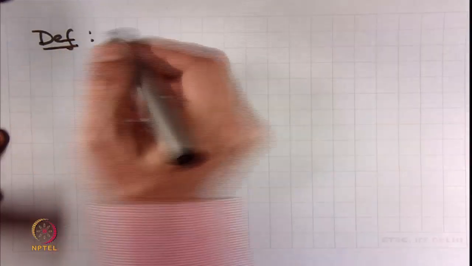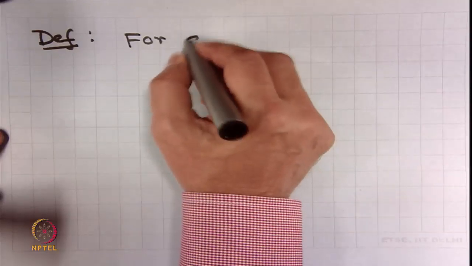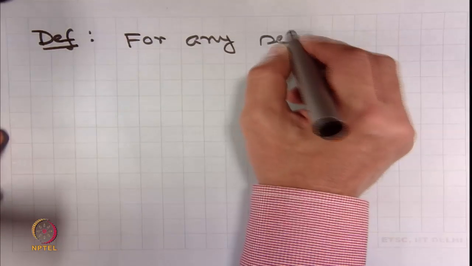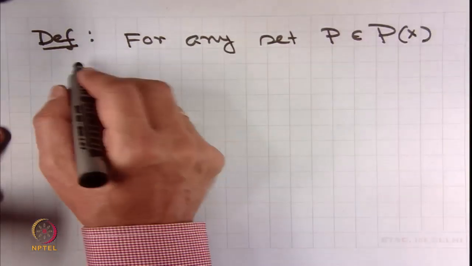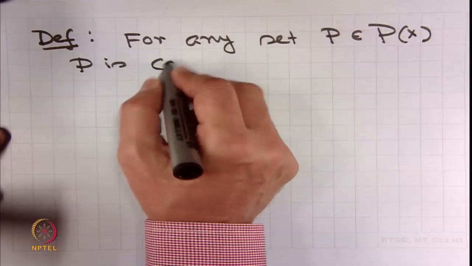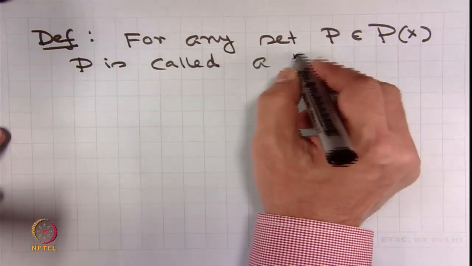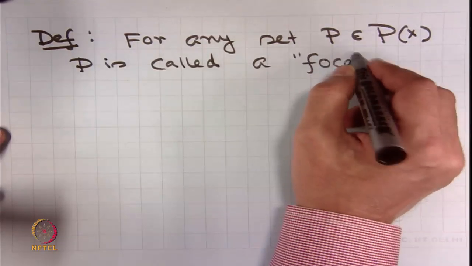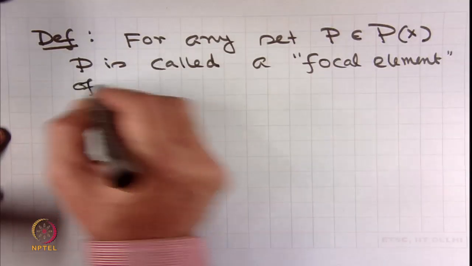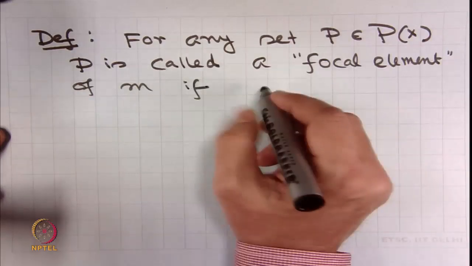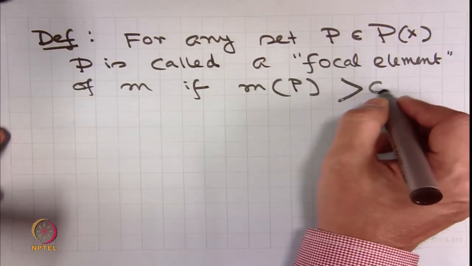Now, let me give you some definitions. For any set P belonging to the power set of X, P is called a focal element of M if M P is greater than 0.